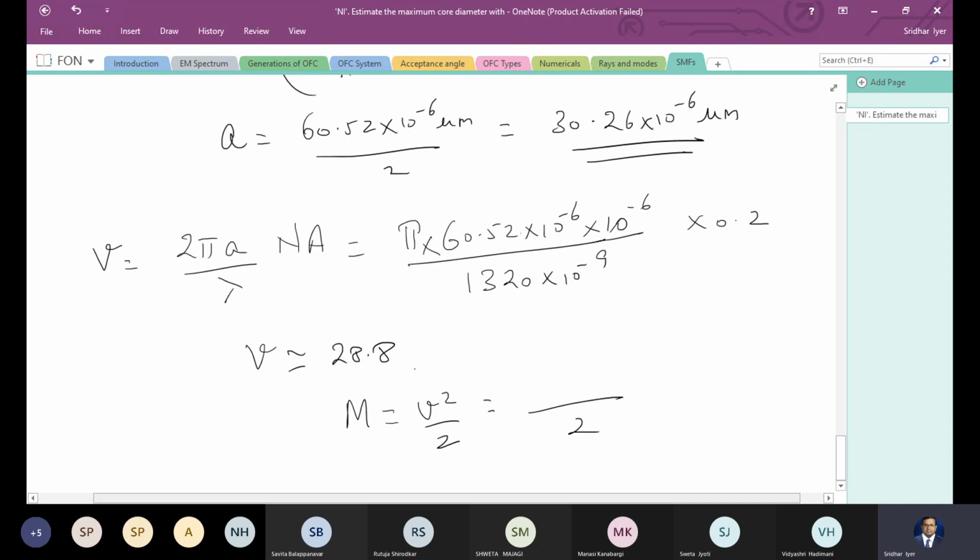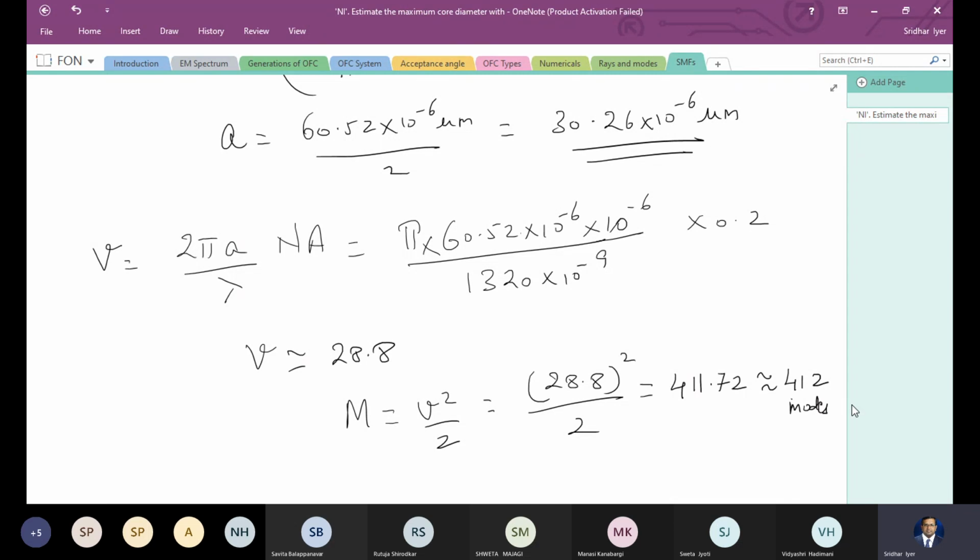And this value can now be substituted in M equal to V square by 2. We have 28.8 the whole square. Therefore, the number of modes that you get is about 411.72, and number of modes is always an integer value. Therefore, we will approximate it to 412 modes.